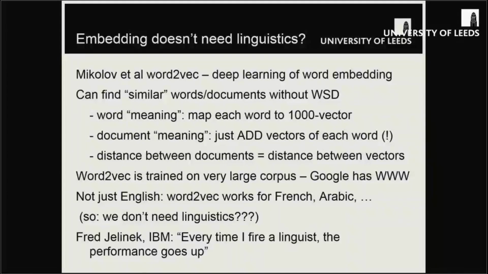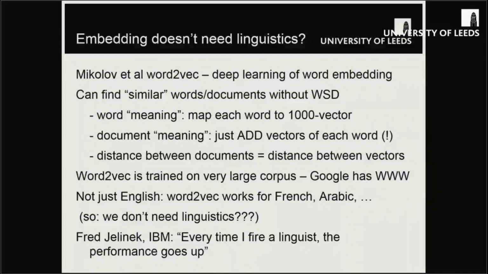So that's essentially the word embedding bit. So distributional semantics is getting a vector of 100,000 representing the meaning of a word, and then word embedding is compressing that down into 400 or 1,000 numbers. So Word2Vec does this by deep learning of word embeddings.